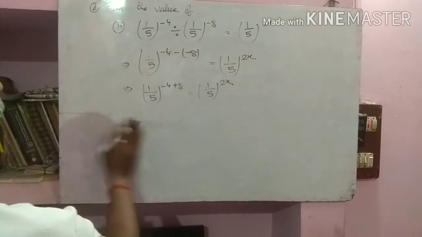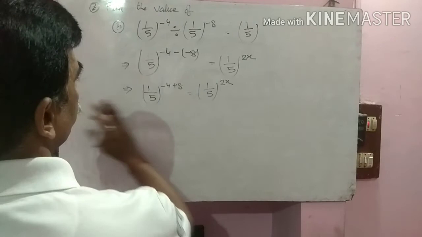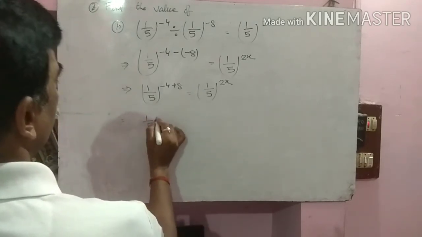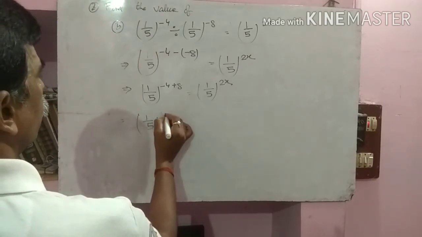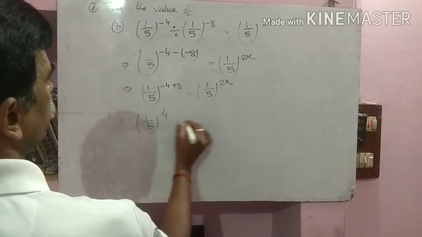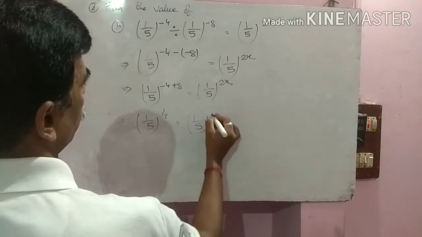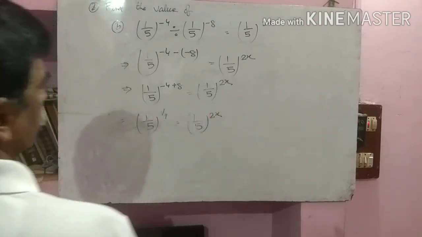Okay, so what will you get? 1 by 5 to the power 4 is equal to 1 by 5 to the power 2x.